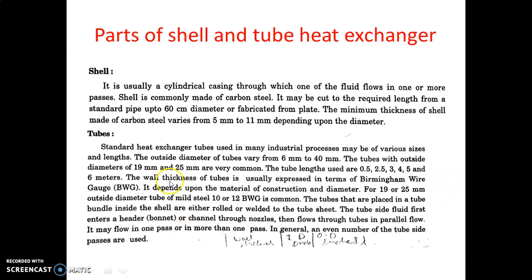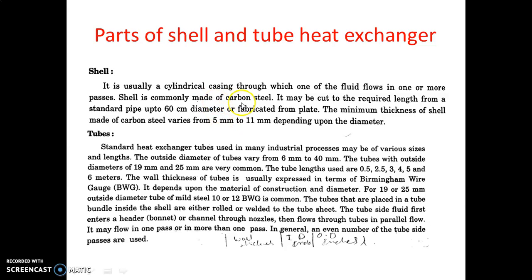The thickness of the tube is generally expressed in terms of Birmingham wire gauge, in short called BWG. This thickness depends upon the material of construction, that means from which material the tubes are made.